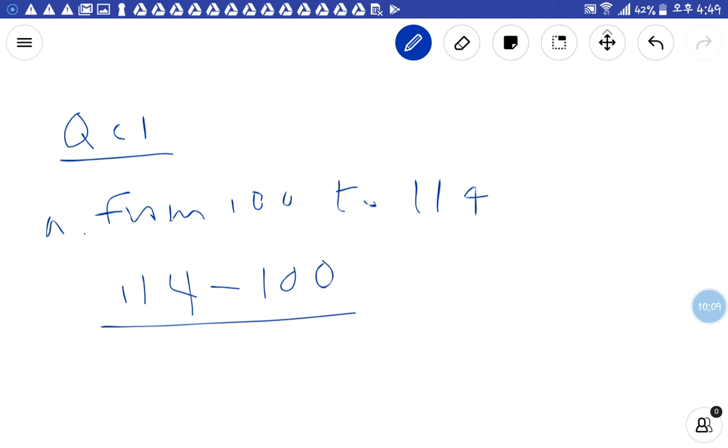What was my starting value? My starting value was 100. So 114 minus 100 would be 14. Out of 100. Well, I can change this one into a 0.14, but your denominator is 100 already, which means 14%. You don't even have to change it to a decimal. You can just get your answer right away.